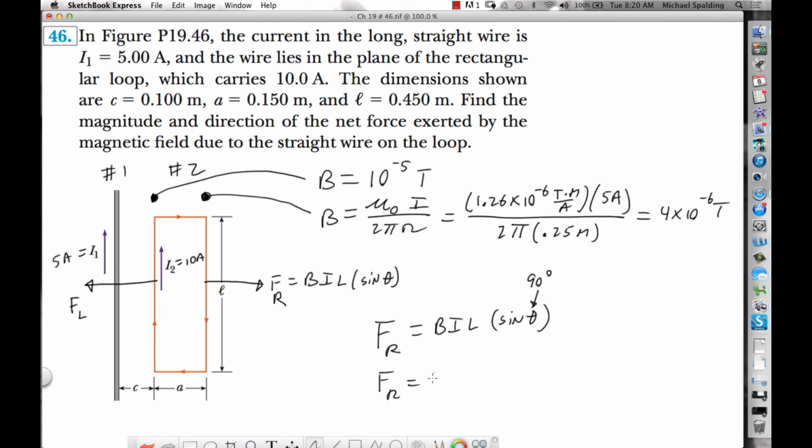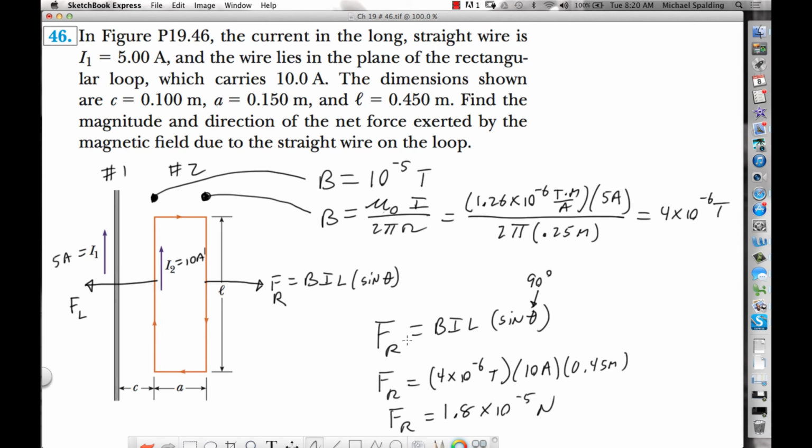So force right is going to be 4 times 10 to the negative 6 Tesla, the current is 10 amps, and then the L is this distance here, which is 0.45. So force right comes out as 1.8 times 10 to the negative 5.